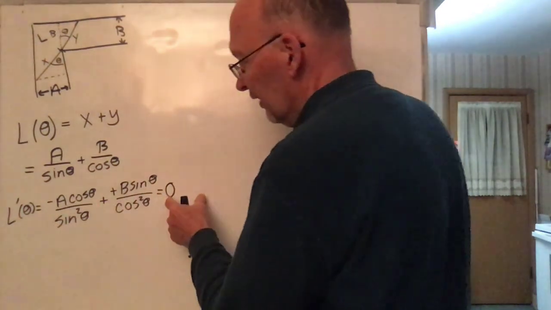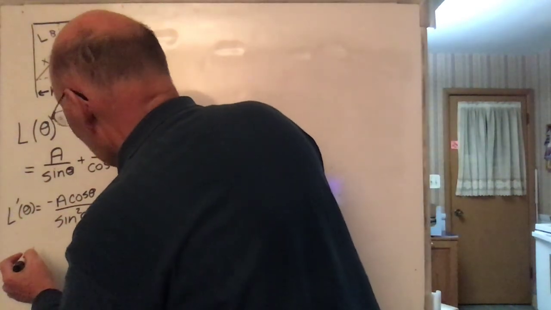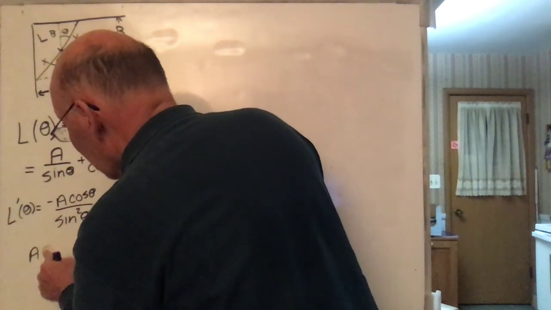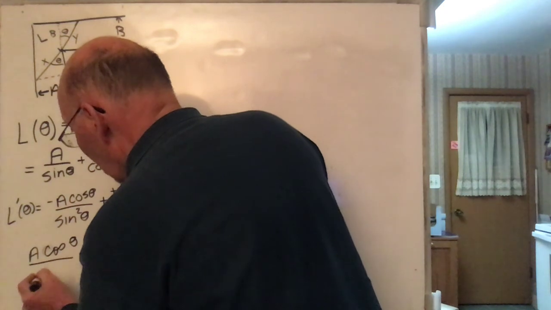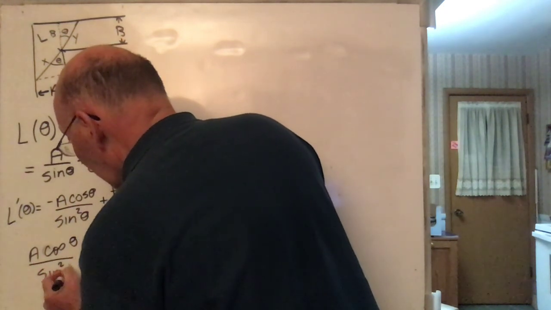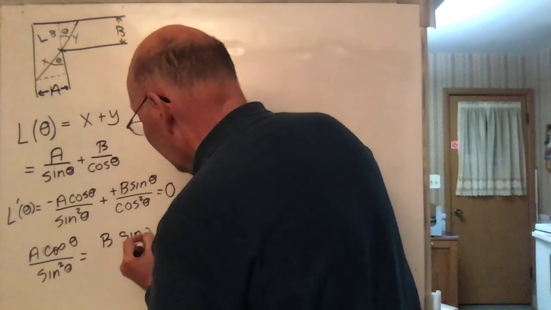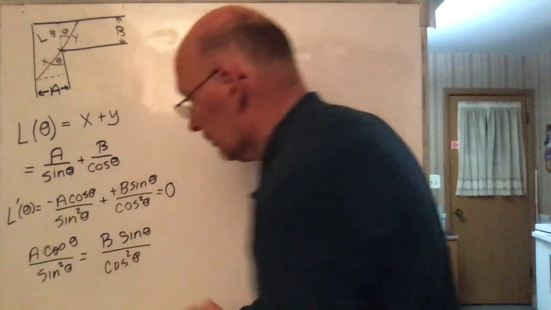If I bring this over to the other side, it's going to be a cosine theta all over sine squared theta equal to b sine theta all over cosine squared theta. Agreed?